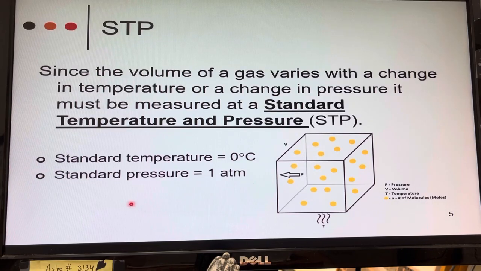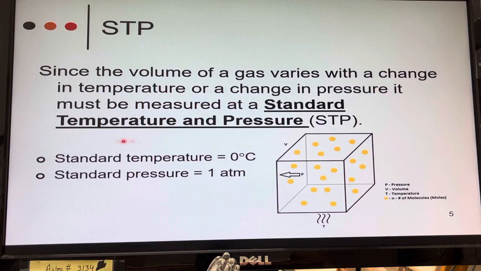You know this because you've had a basketball sit outside in the sun. I mentioned this in the last set of notes. The sun will increase the temperature of the gas inside, and what happens? The volume of that basketball will increase. Why? Because the pressure increases. They're all related. So we'll get to more of that in a minute.